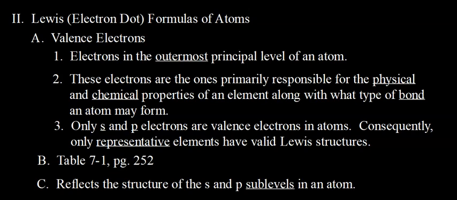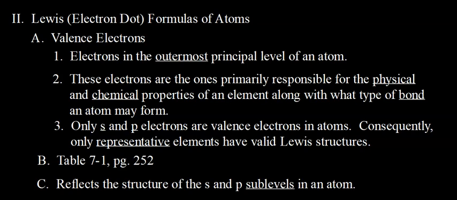So we have some examples of Lewis structures for atoms. Remember, the dots represent the valence electrons, and so we just put the same number of dots as there are valence electrons around the symbol, up to 8 dots, especially for the noble gases as we see in group 8A in your book. If we have an element in group 1, which has 1 valence electron, we'll put 1 dot around the symbol.